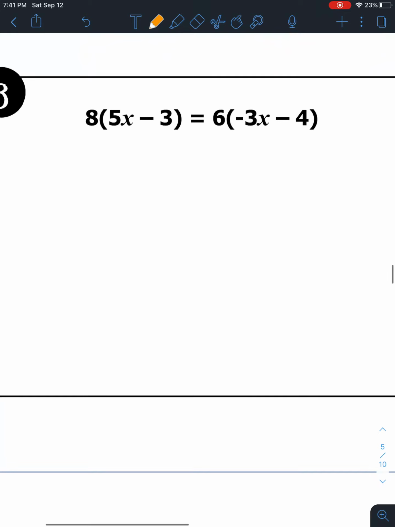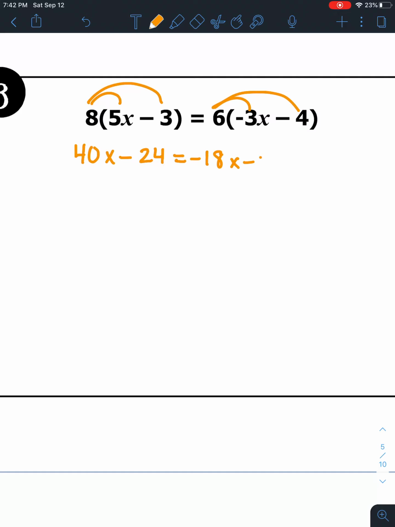Once again, you've got to distribute. So we're going to multiply my 8 on the inside. That gives me 40x minus 24 equals, distributing my 6 to the inside, negative 18x minus 24. You can probably see where we're going here.